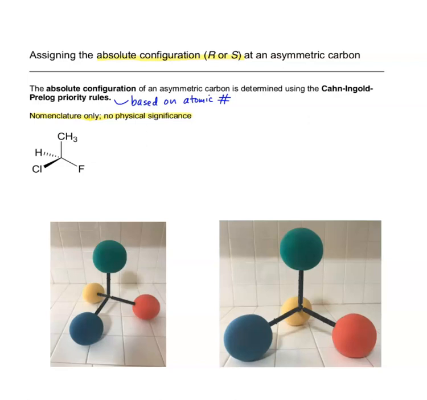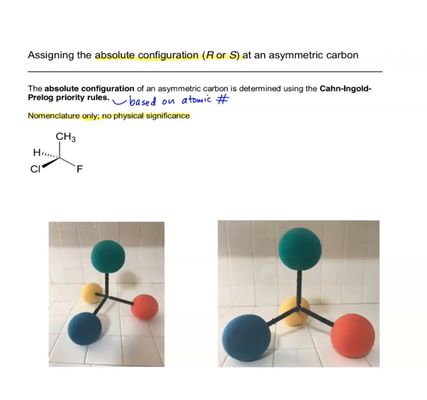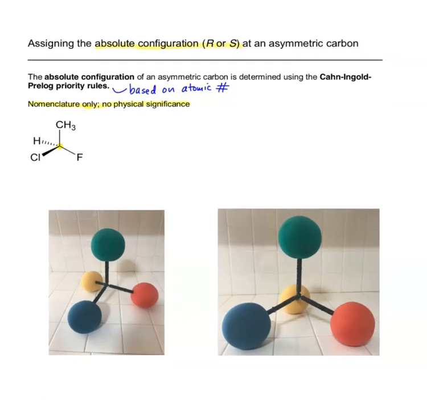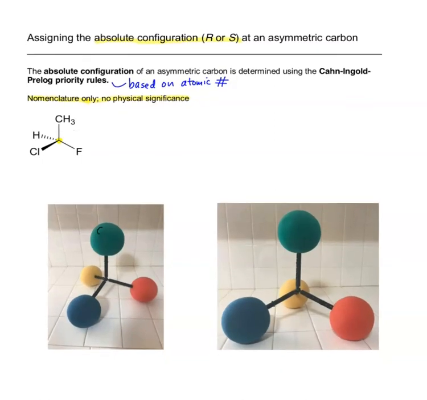Okay, so let's start out. Look at the structure over here. Let's first of all identify the fact that this carbon is an asymmetric carbon. And so what I've done is made a model of that down below. So this is CH3, here's the H going back, here's the F, also in the plane, and then the blue is the Cl.